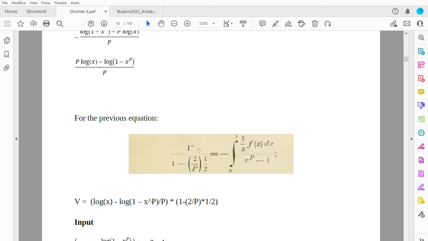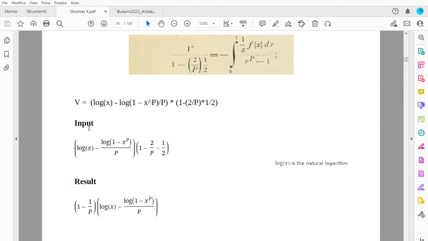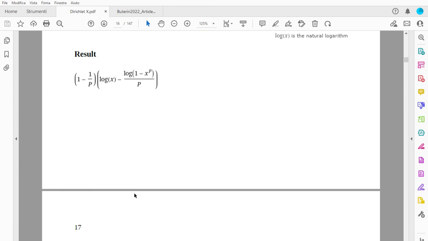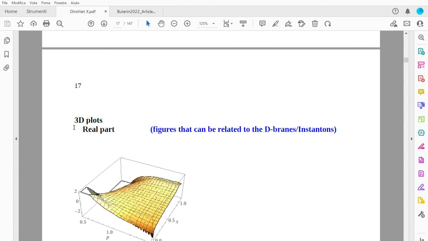Now, for the previous equation, this is the input, this is the result. We have the following three-dimensional plot, then figure that can be related to the Brandt's instantons.